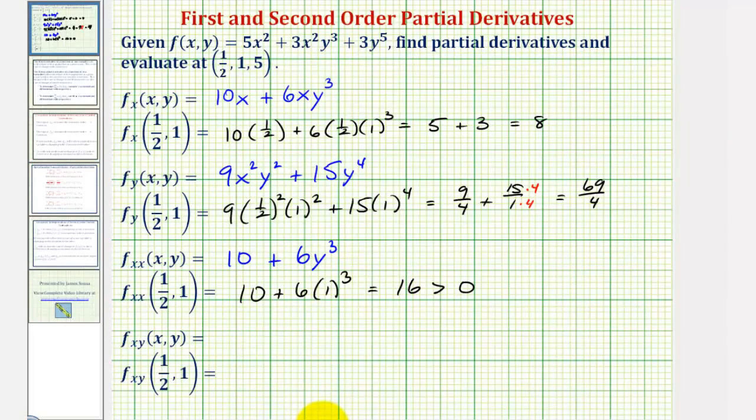And then finally, we want to find the partial derivative with respect to x, then with respect to y, which means now we'll differentiate this first order partial with respect to x with respect to y. So we'll treat x as a constant. So the derivative of 10x with respect to y would be 0. The derivative of 6xy^3 with respect to y would be 18xy^2.